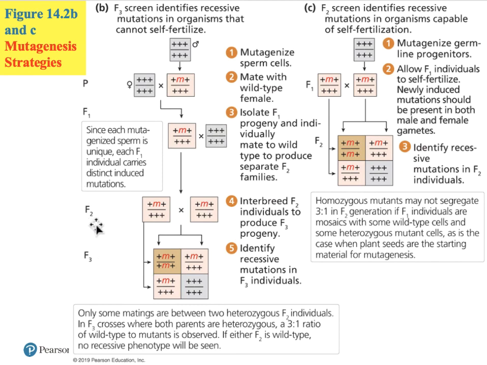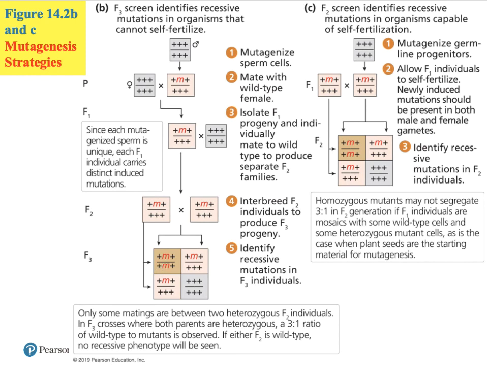The resulting F2 generation is interbred amongst themselves, and then the F3 generation is examined for the presence of homozygous mutations. And these are the ones that we can then filter from the rest of the population. So a multi-generation task in order to obtain homozygous recessive mutations.